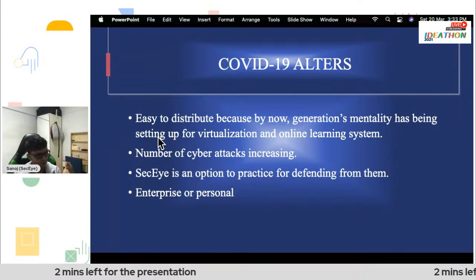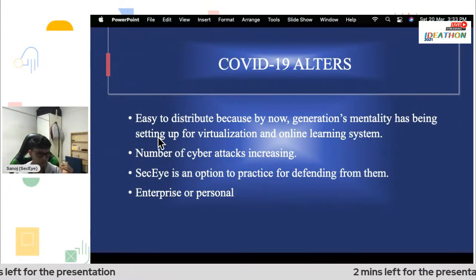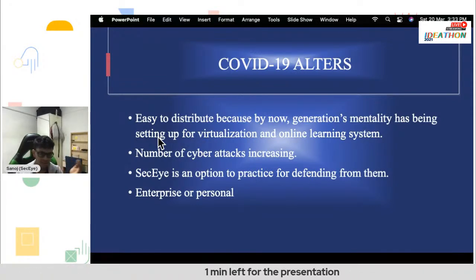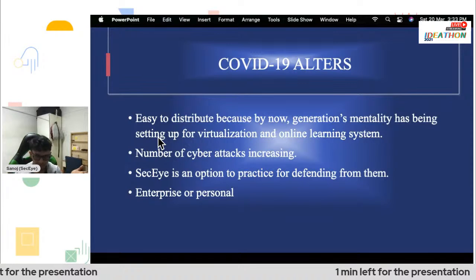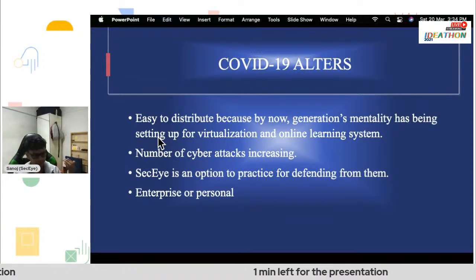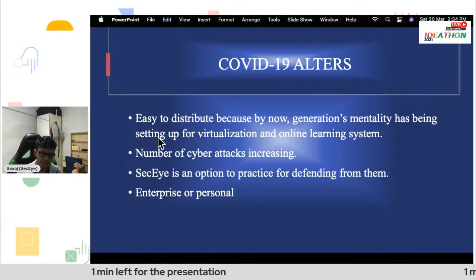All right, this is another way I thought of: COVID-19 alters, which means why our product can be relevant during this COVID. Why? These days, after the pandemic came up, this generation started getting used to virtualization and online learning systems. So it is a plus point for us to convince them in some way. Our product is easy to understand because they are already used to virtualization and online learning.